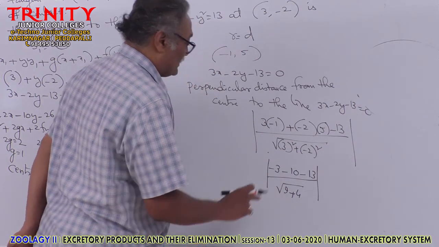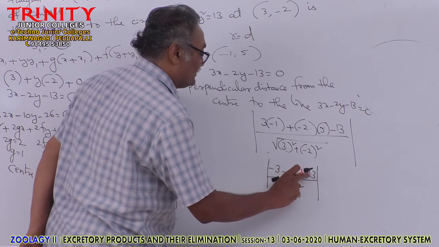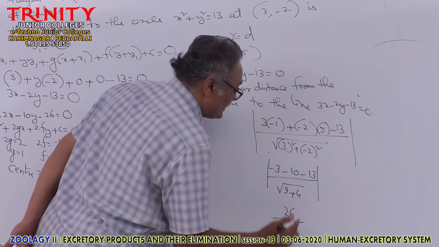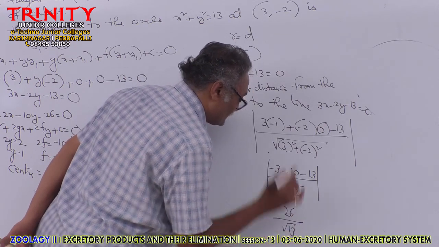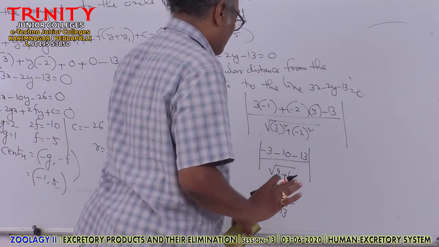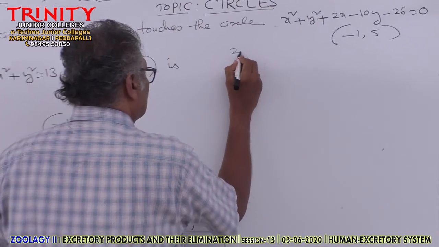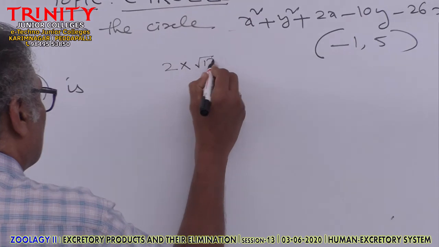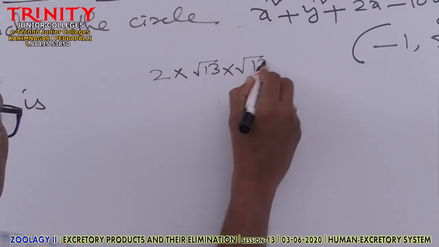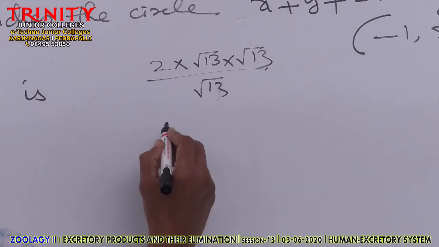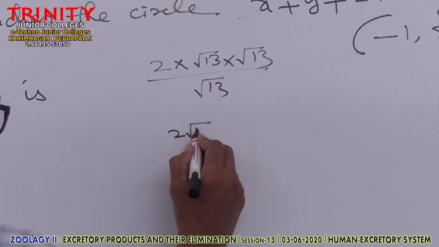Okay. Here minus 3 minus 10 minus 13, minus 26, by root 13. Okay. Now 26 by root 13, 2 into root 13 into root 13 by root 13. It equals to 2 root 13.